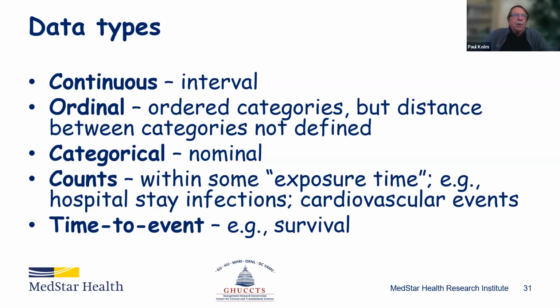And so an example might be infections in a particular length of hospital stay, or infections in the ICU per month, over a 6-month period, or 1-year period, or something like that. But we're just counting the events.